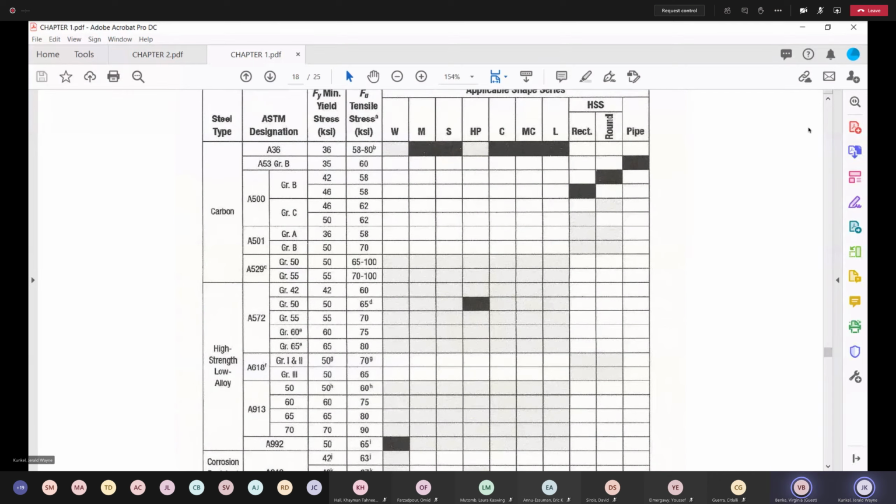Thank you. Absolutely. So the F sub y is 50 KSI, and the grade 50 gives that away. Now the 5.78 square inches leaves us with searching in the manual. Let me get the steel manual up.